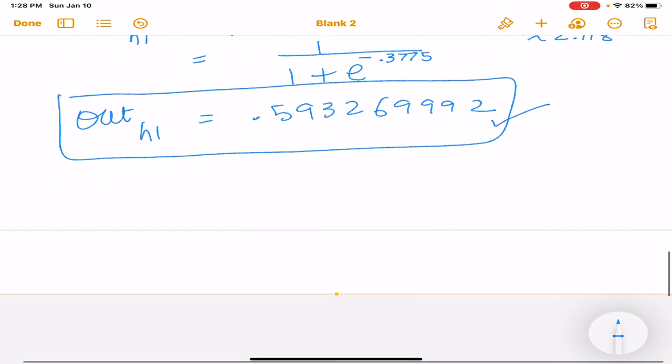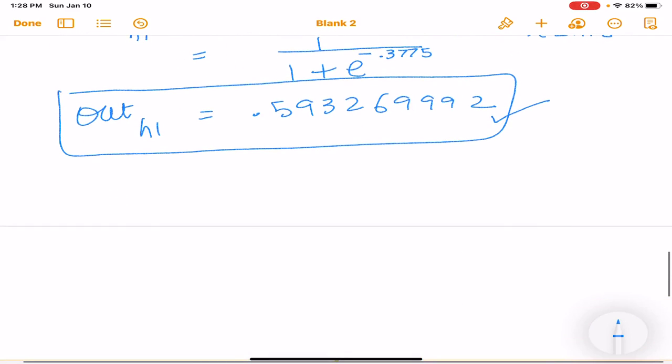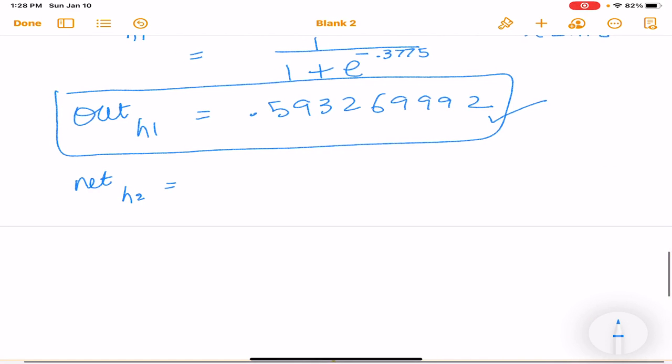Technically, you will also have to find net H2 by the same process, then find out H2 by passing that value through the activation function.